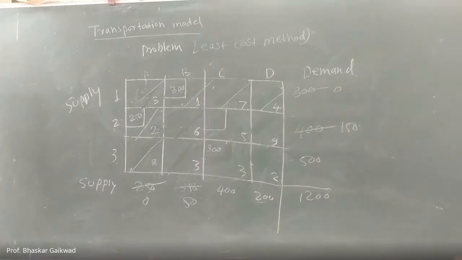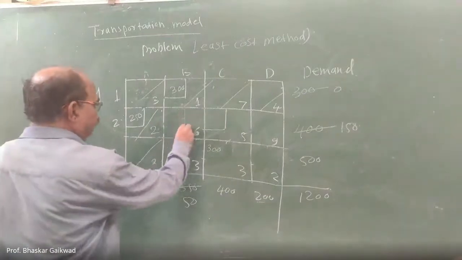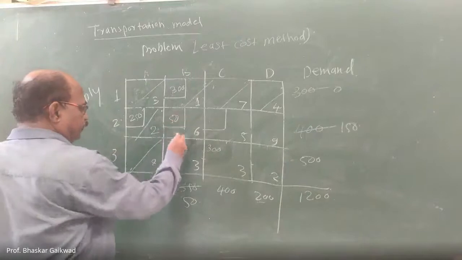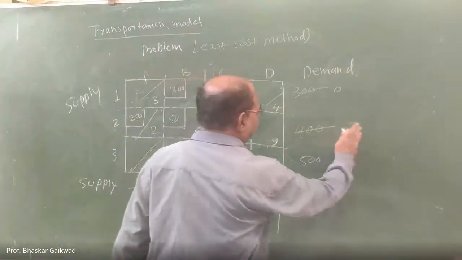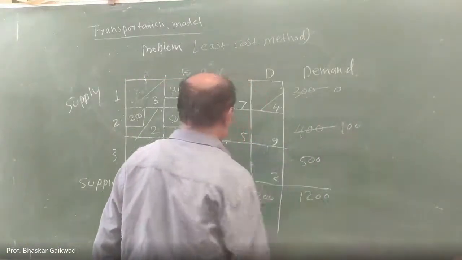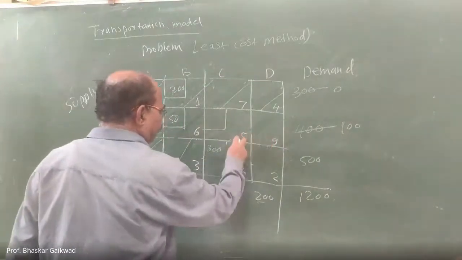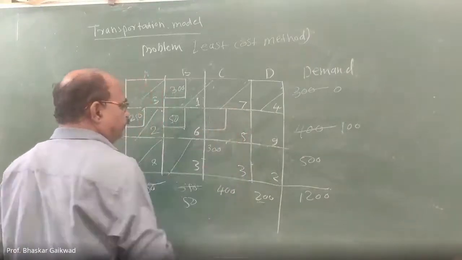So let us consider the second column and second row. Out of this, here you can consider this one as the least value. So here it is 50. So this value you can reduce and here it is 100. Okay. After that you can put here this value 5.